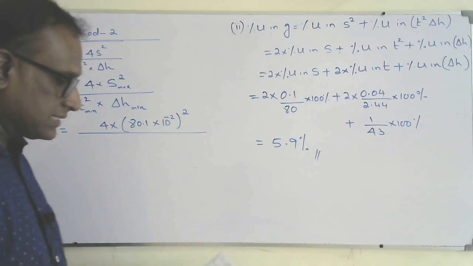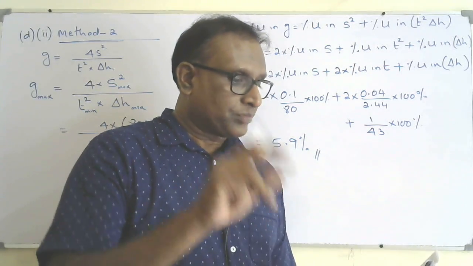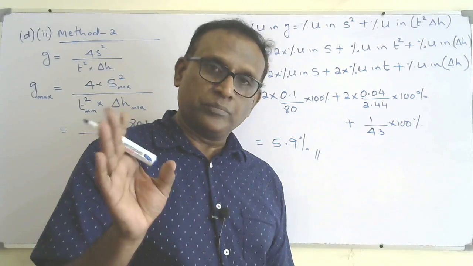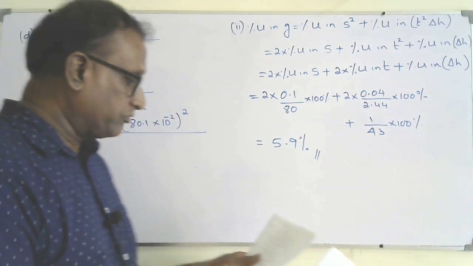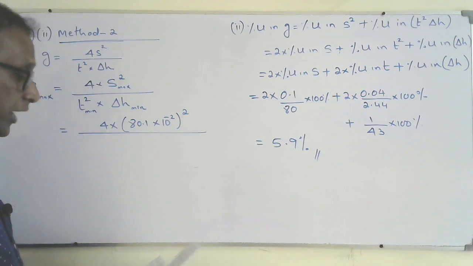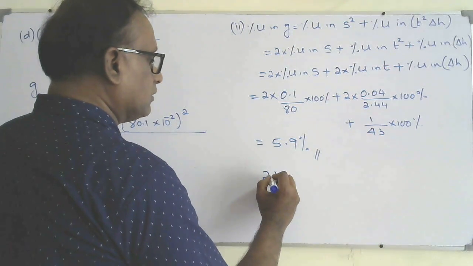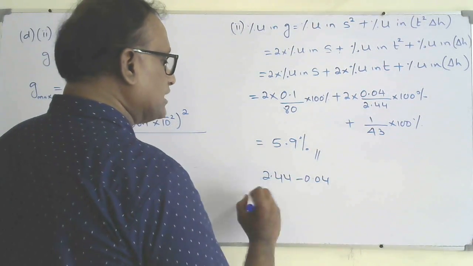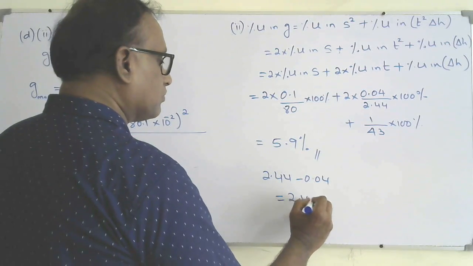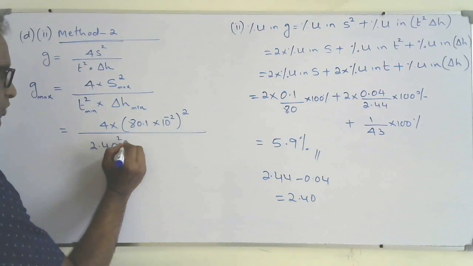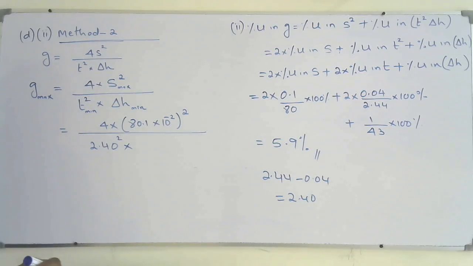Time is given as 2.44 plus or minus 0.04, so minimum time is 2.44 minus 0.04, which is 2.40. So 2.40 squared into delta H.